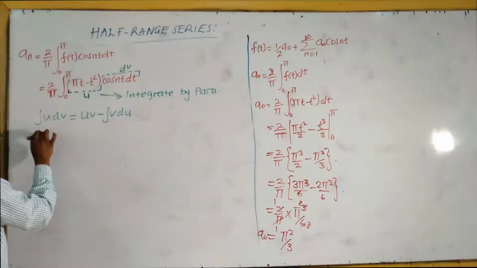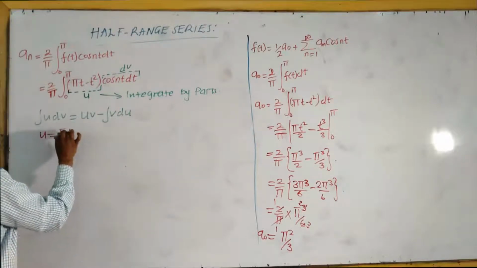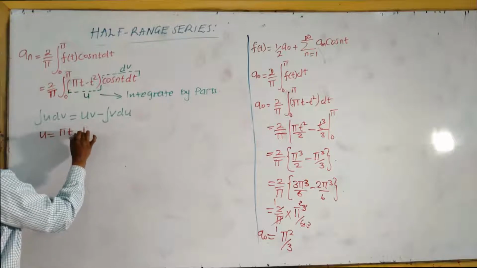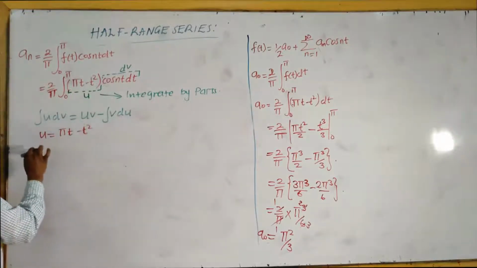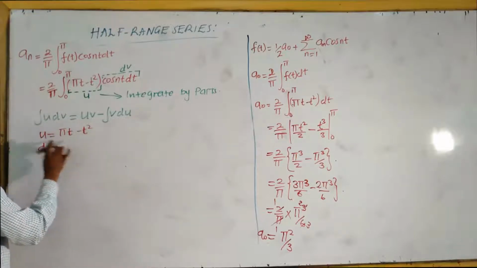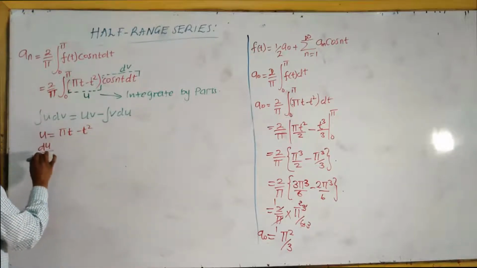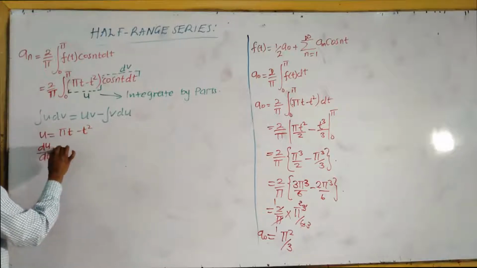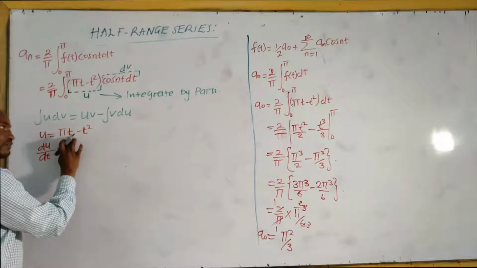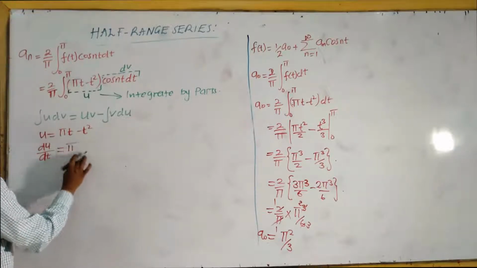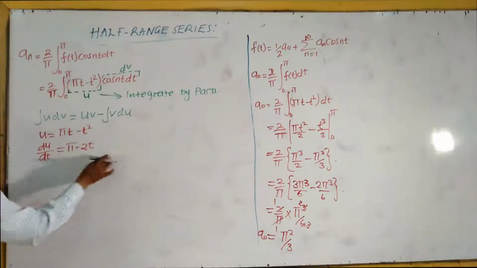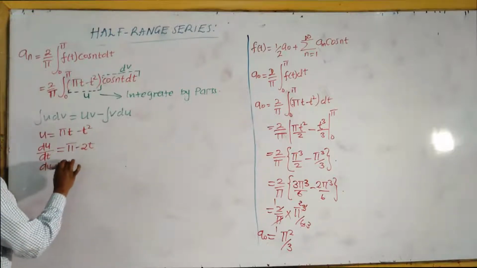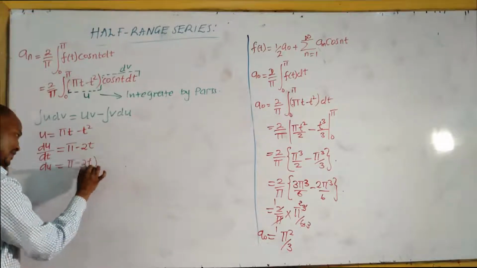What is our u? u is equal to pi t minus t squared. We need du in our formula, so let us get that. Differentiate both sides with respect to t. The derivative of u with respect to t is pi minus 2t. Cross multiply, you get du is equal to pi minus 2t dt.